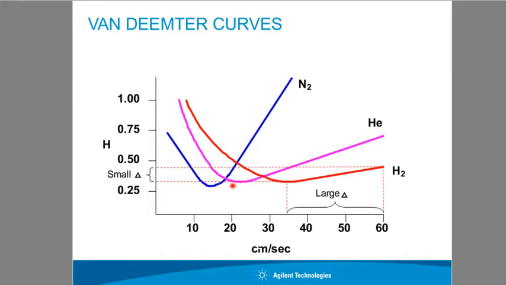The other thing to see here is that helium and hydrogen roughly have exactly the same efficiency. The benefit of hydrogen is, as you can see, it happens at a much higher velocity. So if your application is great with helium, but your boss is saying, hey, we really need to cut costs, let's look at our carrier gas because we're going through a lot of it, instead of dropping back to nitrogen, if you can, consider hydrogen.